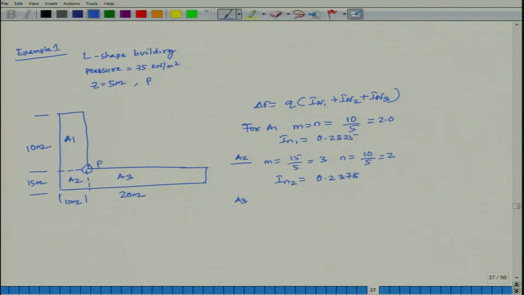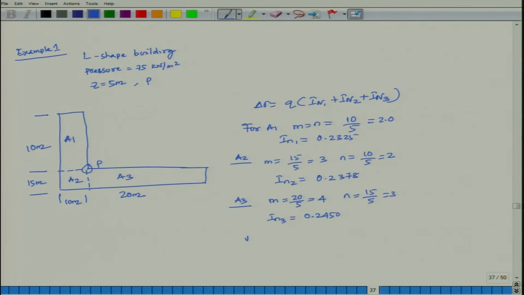Then A3: M is equal to 20 by 5 which is equal to 4, N is equal to 15 by 5 which is equal to 3, then I_n3 is equal to 0.2450.